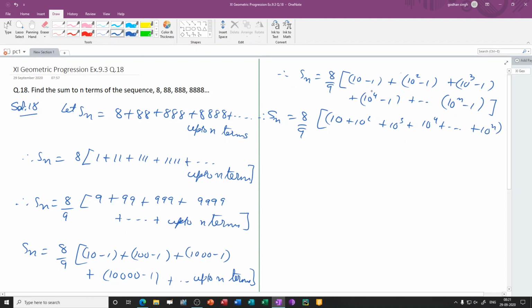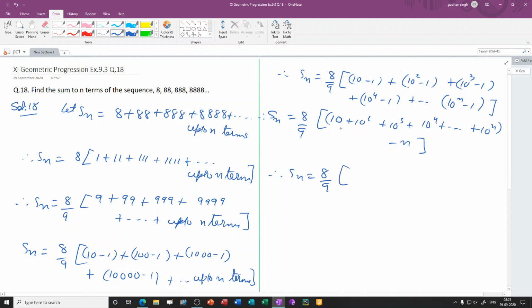Now minus 1 is coming how many times? There are n brackets of the kind 10 minus 1, 10 square minus 1, and so on, so minus 1 is repeating n times. The sum of minus 1 will be minus n. Therefore, Sn equals 8 by 9.